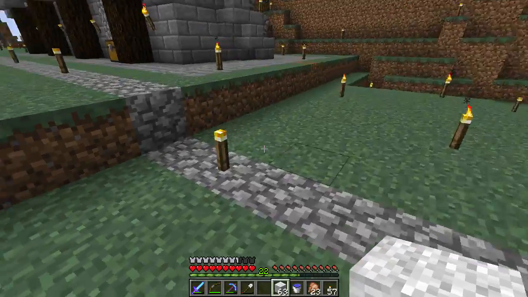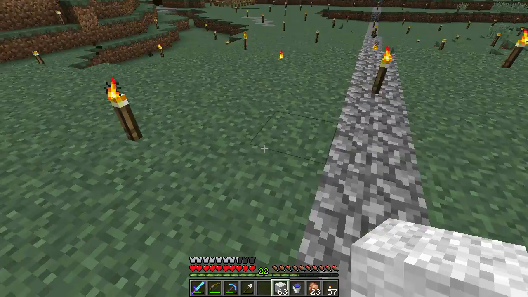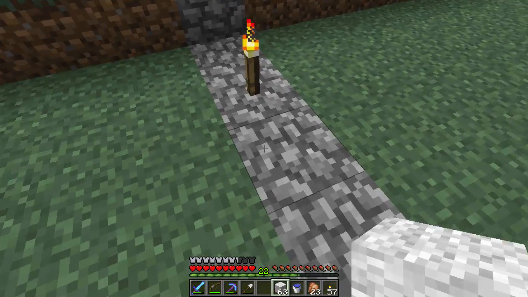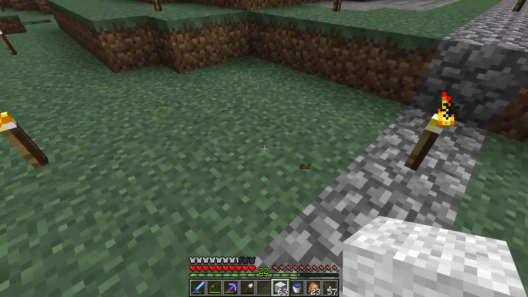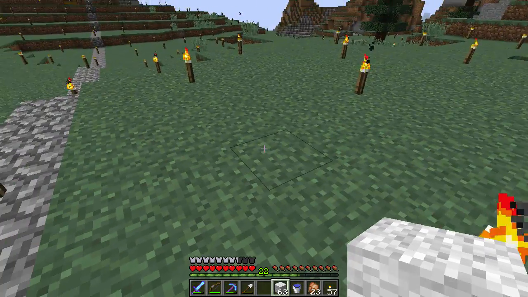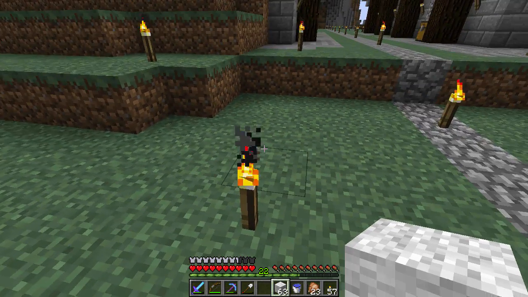Let's get an idea of how deep we've got here. The roadway is going to have stone brick on either side, and then we want a decent setback, at least 2 blocks.